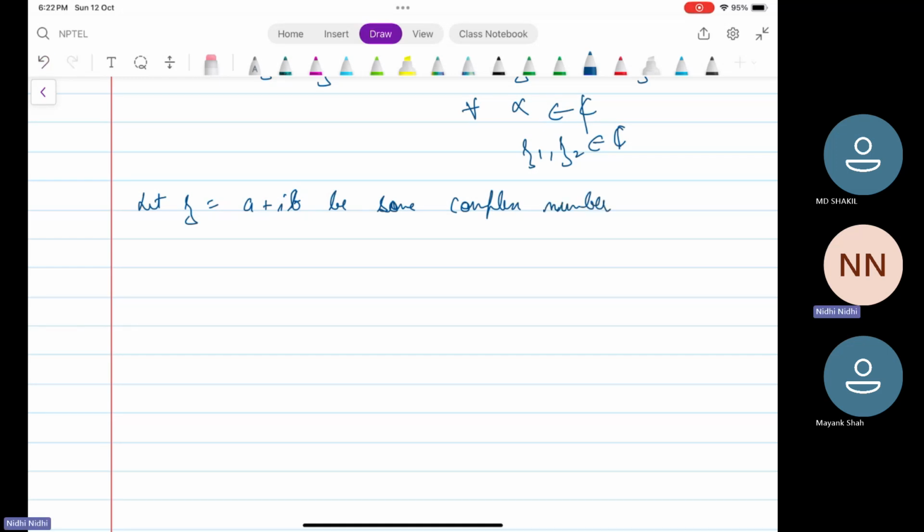We'll see the additivity firstly. Take Z1, Z2, then we have T of z1 plus z2. This is T of a1 plus a2 plus iota times b1 plus b2.